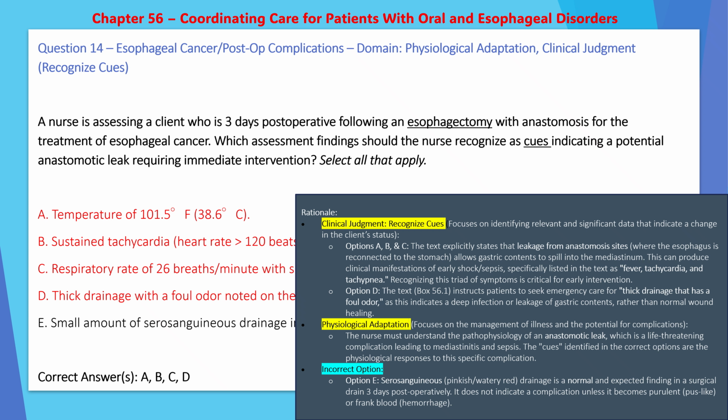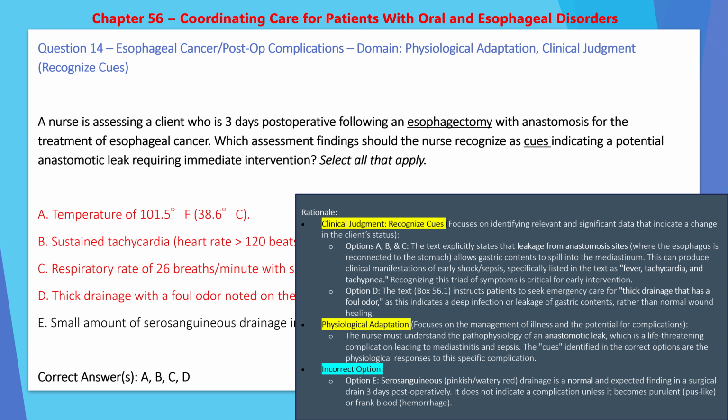This can produce clinical manifestations of early shock and sepsis, listed in the text as fever, tachycardia, and tachypnea. Recognizing this triad of symptoms is critical for early intervention.